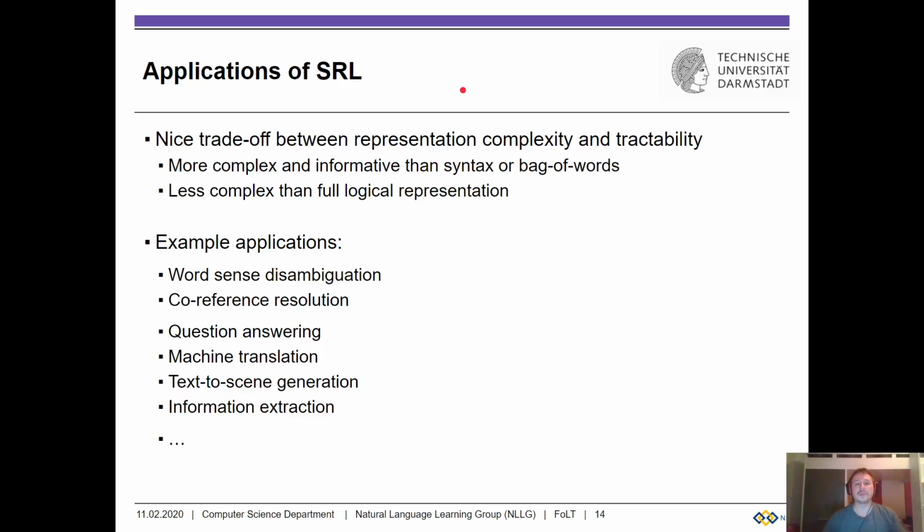So semantic role labeling is a kind of semantic representation of a sentence, right? You have the sentence, and you identify the predicate and the arguments of the predicate, and you give the arguments semantic roles. In this way, you have a discrete representation of the sentence, which gives you more information about the meaning of the sentence.